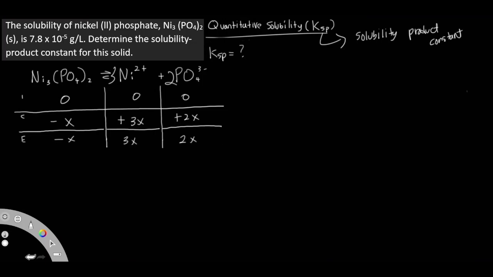Okay, how are we going to finish solving this question? Well, remember, Ksp is what? Ksp is the product of concentrations of maximum amount that can remain in the solution. Okay, so the product of concentrations. Where are our concentration products? They're right over here.